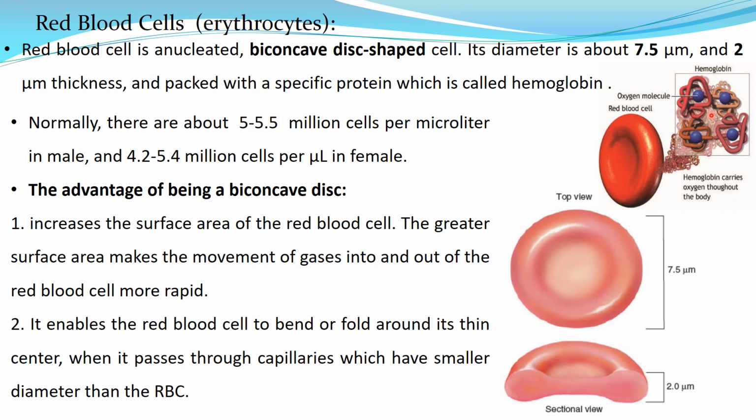So the red blood cells can act as a sac of hemoglobin.